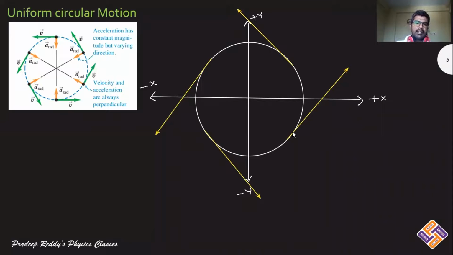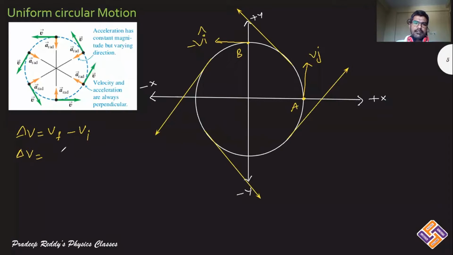So I can write here delta V is equal to V final minus V initial. This is position A and this is position B. Velocity in this direction is V j cap. Velocity at this position will be minus V i cap.